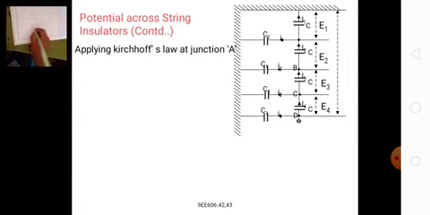So W and C cancel. E4 is equal to E1 into 1 plus 6 by M plus 5 by M square plus 1 by M cube. So we have E is equal to E1 plus E2 plus E3 and so on, if the number of insulators increases.